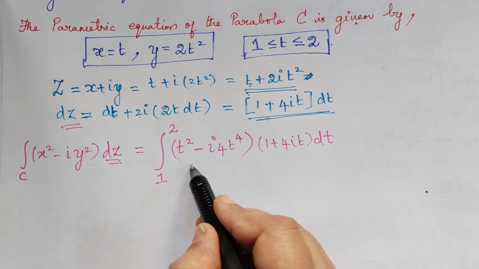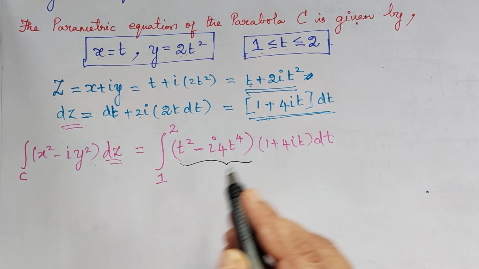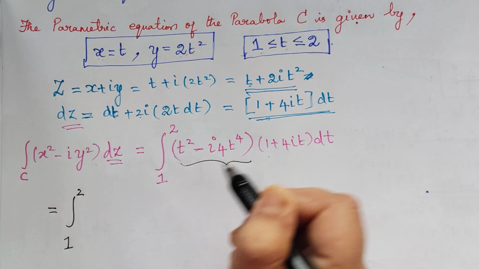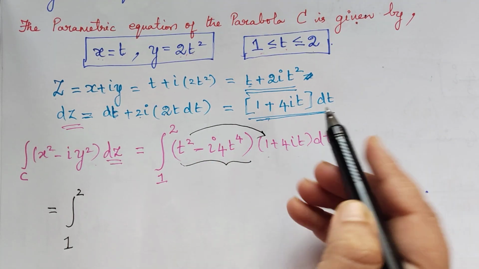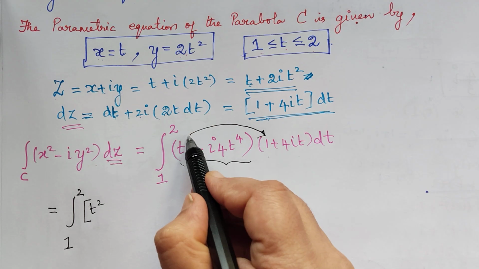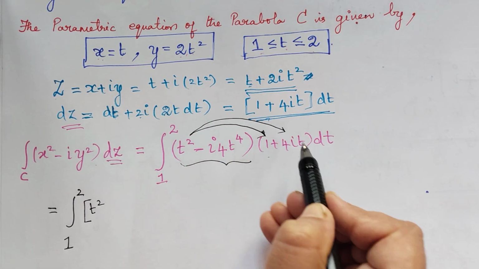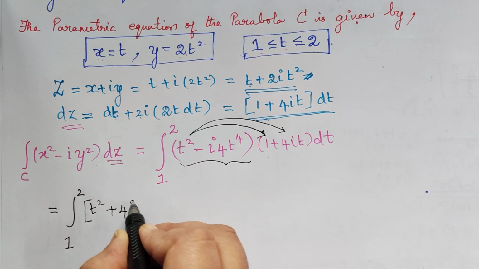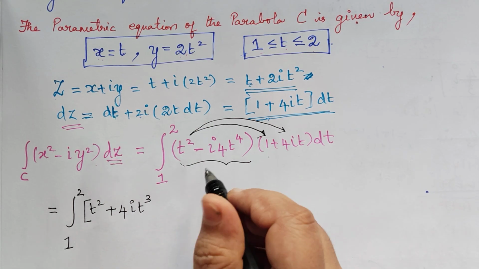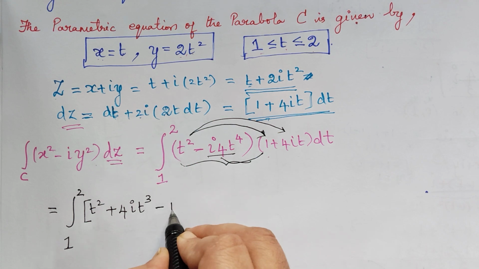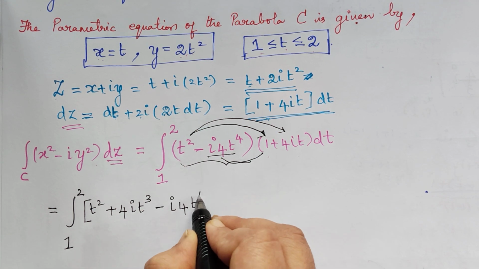Now we shall multiply each of these terms with this. So this will be the integral from 1 to 2. First is t square multiplied with 1, which will be t square. And then t square multiplied with 4it, which will be plus 4i t to the power 3. Then this term multiplied with 1 will give us minus i 4t power 4.